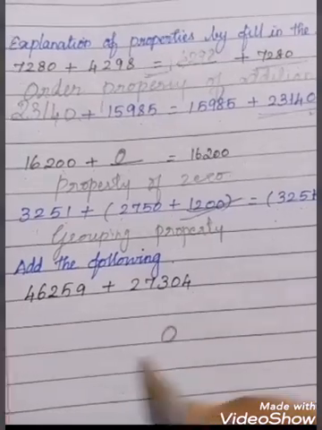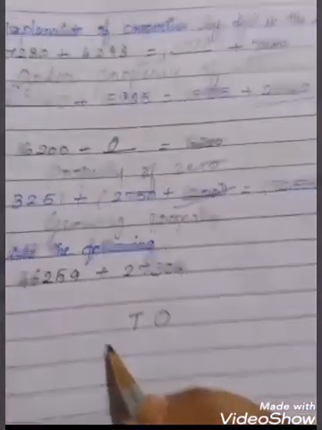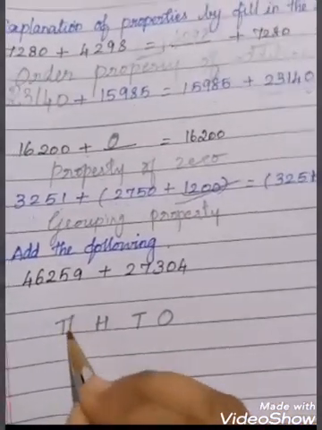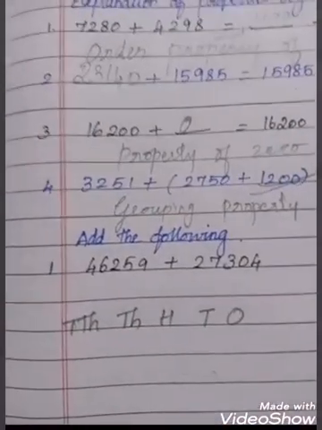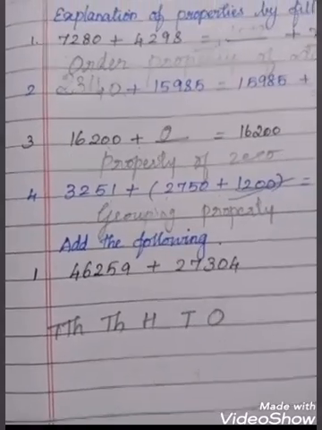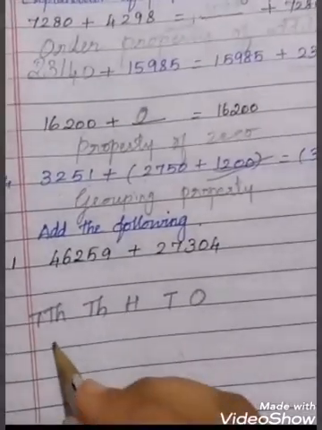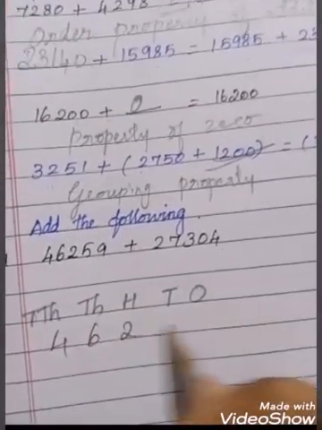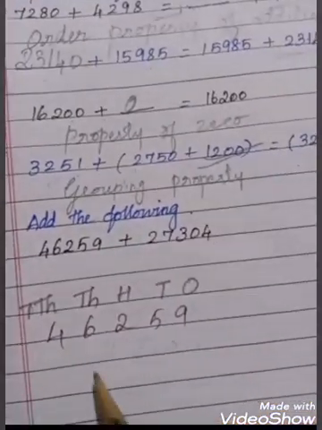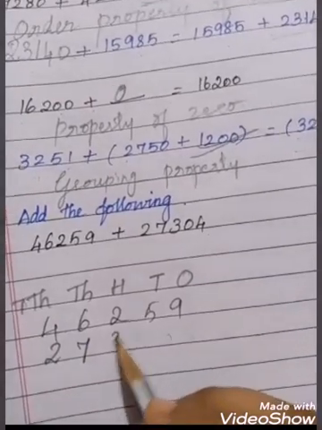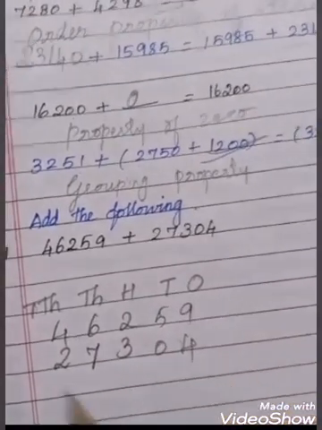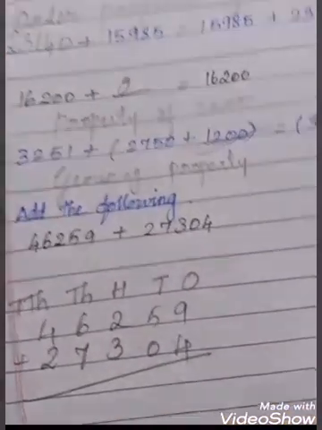The places are ones, tens, hundreds, thousands and 10,000s. First arrange the numbers in their respective places. 46,259, and the second number is 27,304. Now we are going to add these numbers.